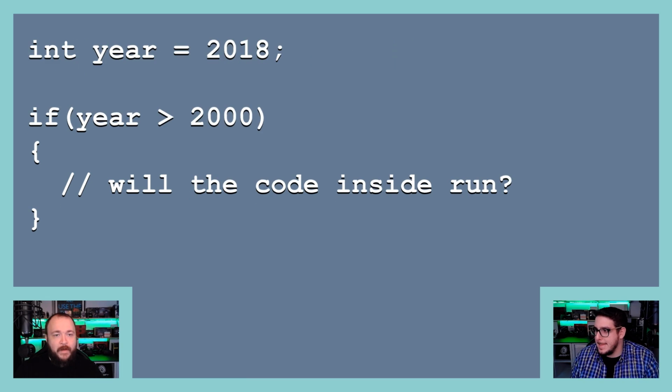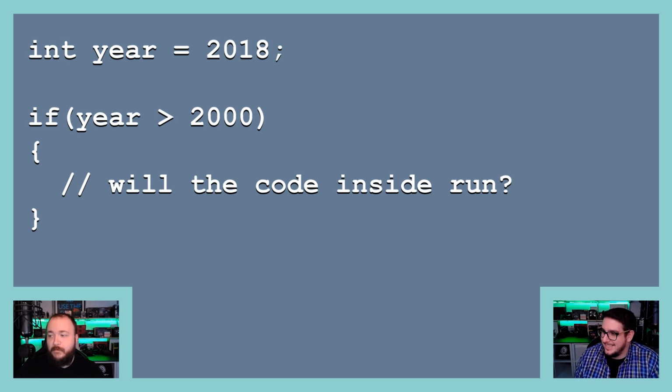Okay. So here, we have a variable called year. It is the year 2018, unless you're watching this in the future. And what is the question? If the year is greater than 2000, will the code inside run? Yes, because the year is 2018.